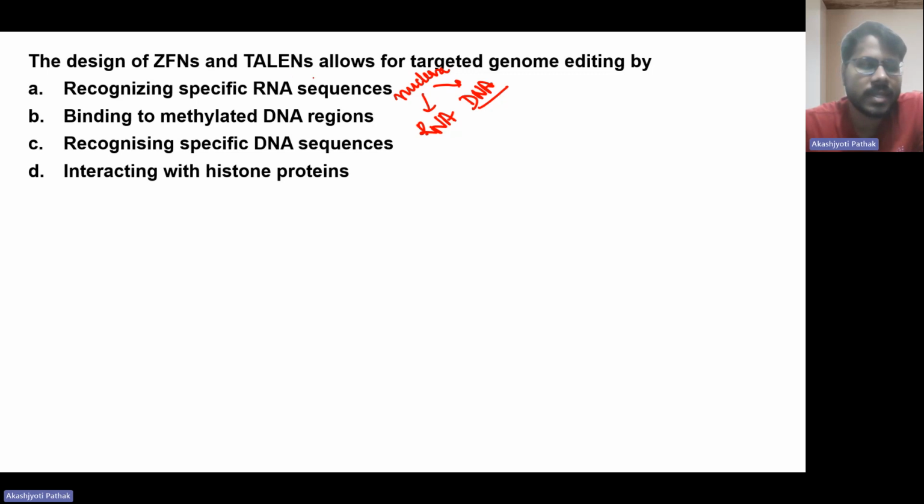Now we discussed that these zinc finger nucleases and TALENs are designed in a manner that they can recognize specific regions of the DNA and cleave them, or they can delete them, or that region can be swapped or replaced with a functional form of the gene. So the answer is they will recognize specific DNA sequences.